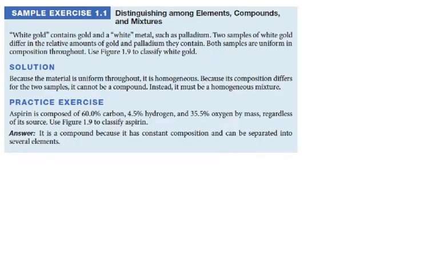The last thing we get for this section, in your textbook they have sample exercise 1.1. They have the answers here. Sometimes I will talk about these, other times I don't, but you should always read them and make sure you understand them. So, in the first question, we got white gold. It contains gold and some white metals such as palladium.